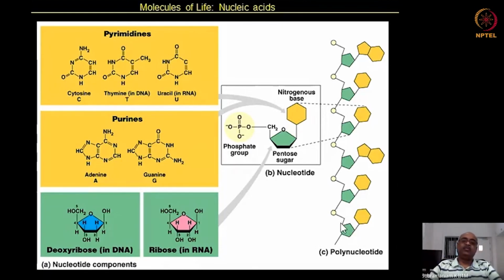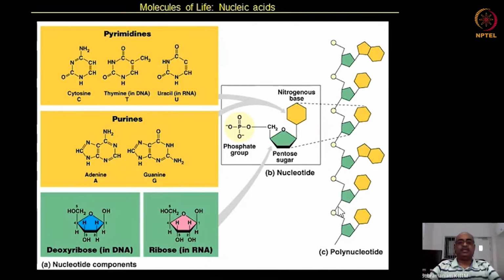Similarly, to another hydroxyl group on the ribose, you can have another kind of link. Here it is a phosphoric acid, so it is a phosphodiester, an alcohol-acid ester linkage, and that phosphoric acid can make another ester linkage with another ribose.